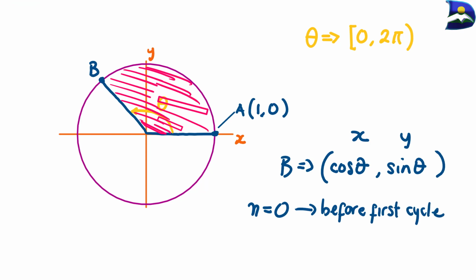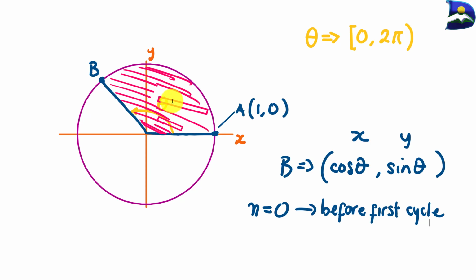This shows that currently this particular arm is at B and has not yet completed its first cycle, so currently it is at n equals 0. Once this accomplishes the first cycle, our B is going to completely get to this particular point, and now it is at n equals 1, which is at this particular position right here after it has made its first round trip.